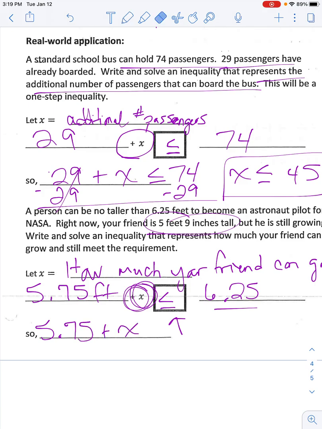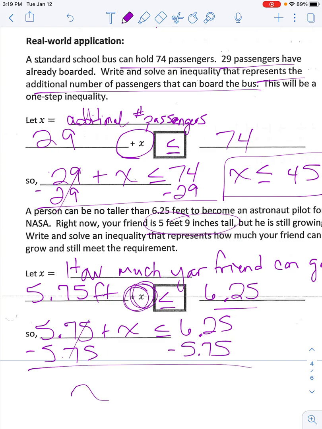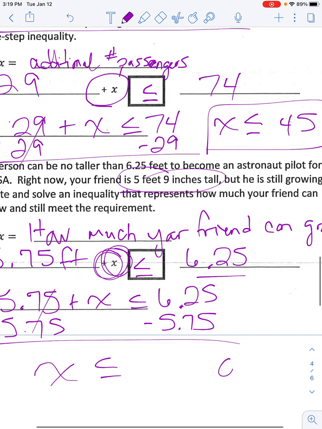So our inequality is 5.75 plus some more that he can grow needs to be less than or equal to 6.25. So then we can do the inverse to figure out how much more he can grow.